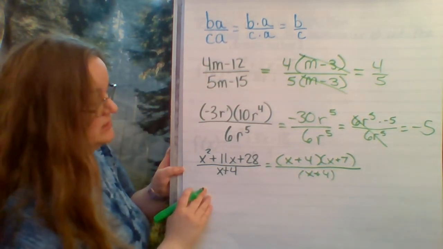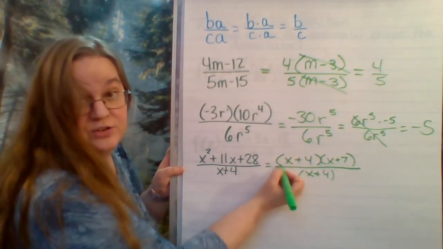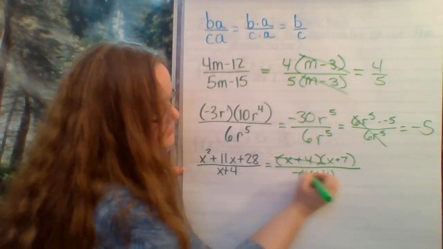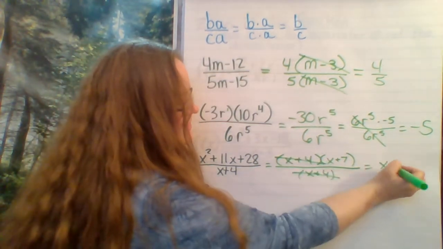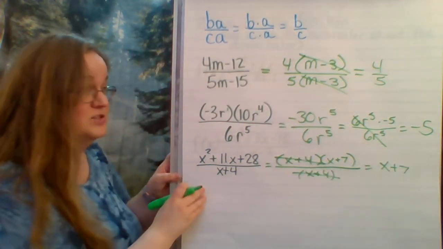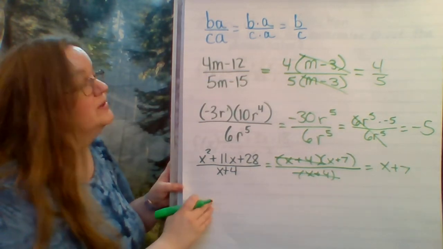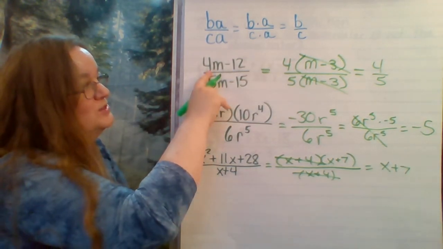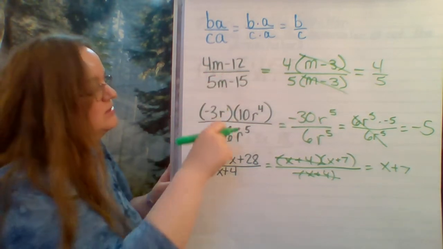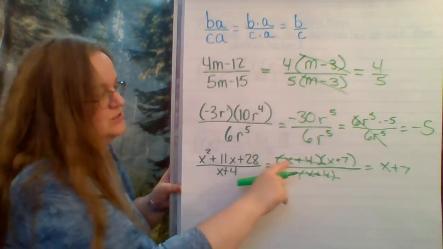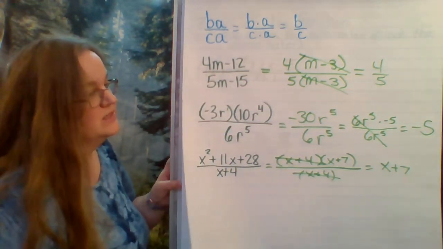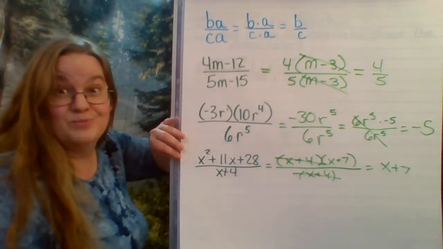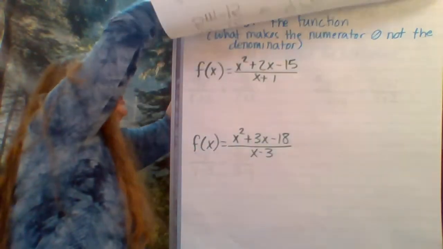Now I have a common factor of x plus 4, so that goes away, and I'm left with just x plus 7 as my final answer. Factoring, whether we're factoring out the greatest common factor or factoring into two binomials, is one of the keys to simplifying these expressions.